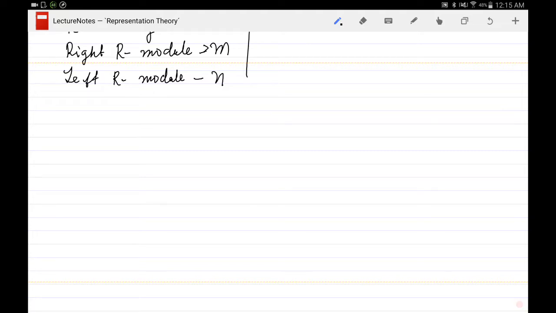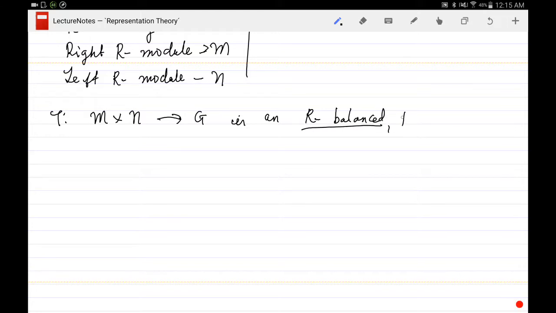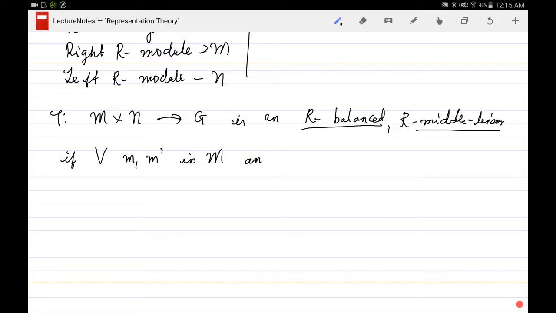So we say that phi, which goes from the Cartesian product of M and N and gives us an element in G, is R balanced, or R middle linear, if for all M prime in M, N prime in N, and r in the ring, the following hold.